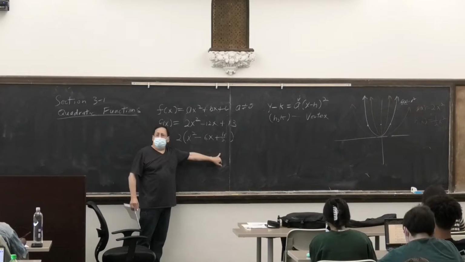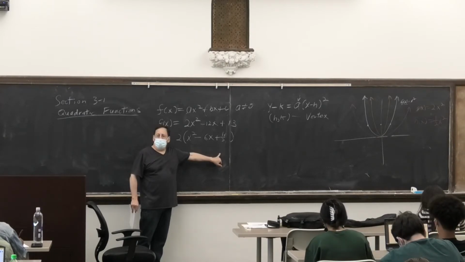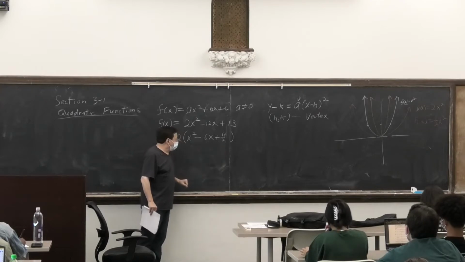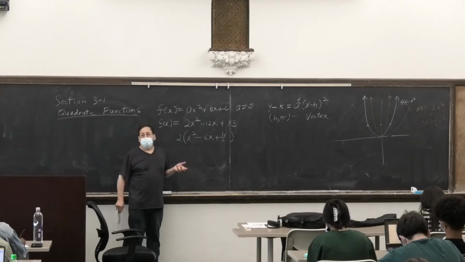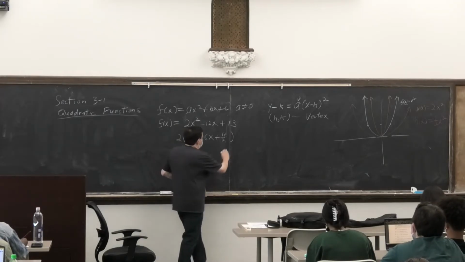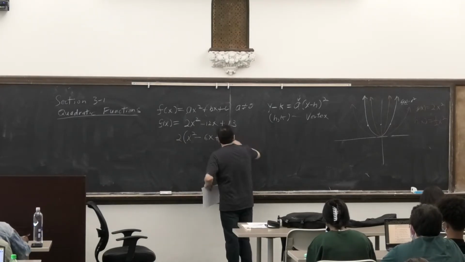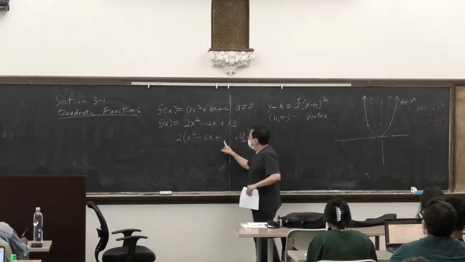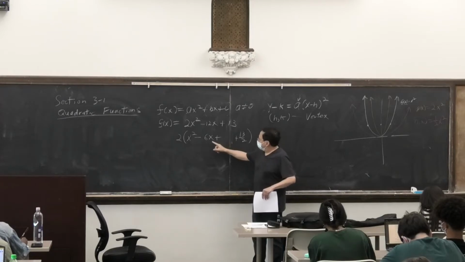I think I talked about the fact that we're not going to be solving quadratics this way that often. The skill to complete the square is going to come up a lot. And here it's just come up. So what is it I need to add here to complete the square?